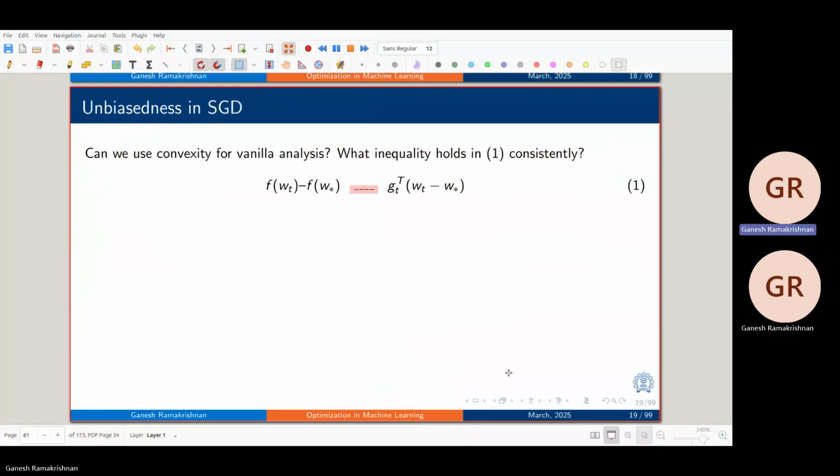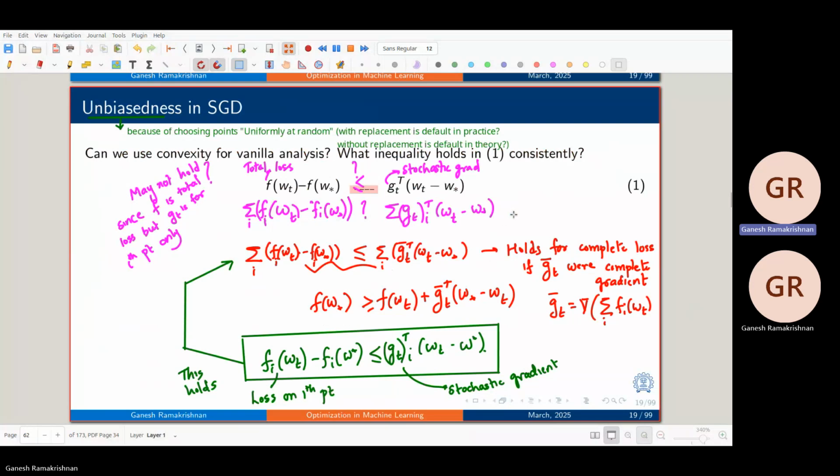What will happen? We always had an inequality here, right? F(W_t) minus F(W*), for convexity, what do we know? It is less than or equal to the dot product of g_t and (W_t minus W*), right? That we know. But what happens when you do stochastic analysis?